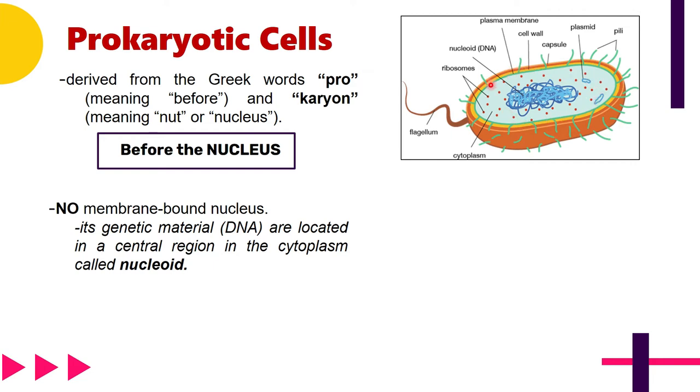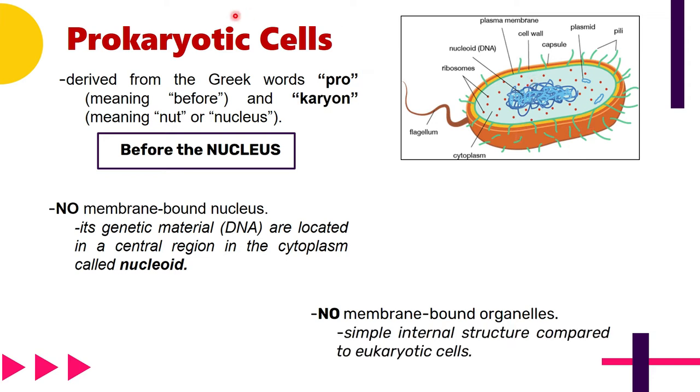You can see that the prokaryotic cell has fewer cell structures. That is because another major characteristic of prokaryotic cells is that they don't have membrane-bound organelles like the mitochondria, Golgi apparatus, and endoplasmic reticulum I mentioned earlier. There is also no nucleus.